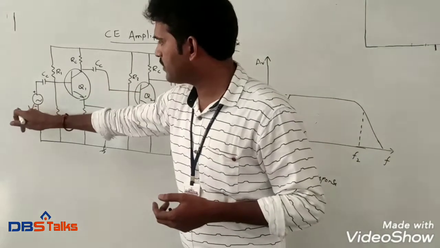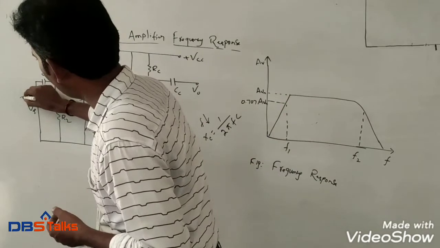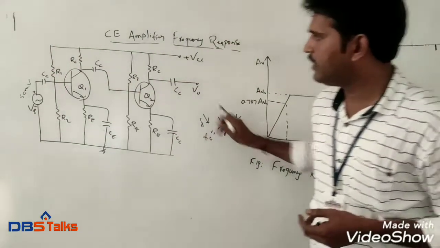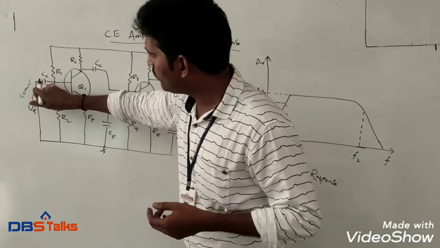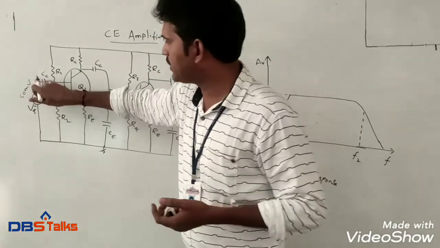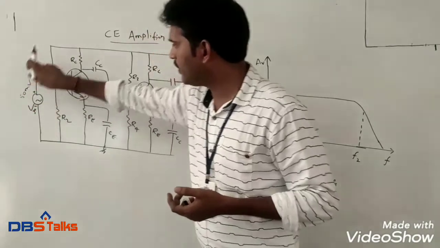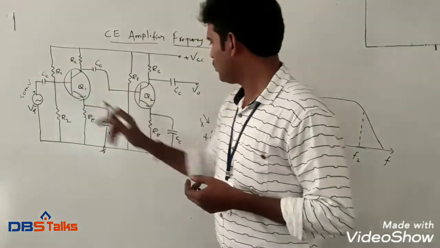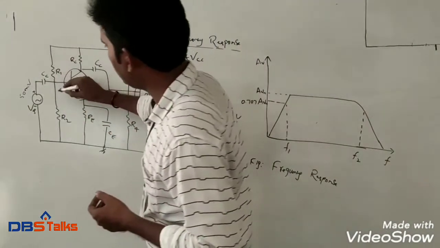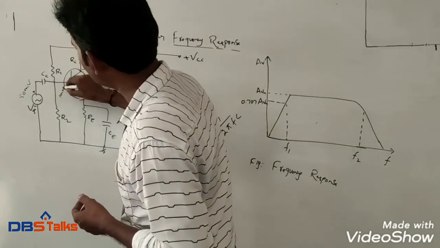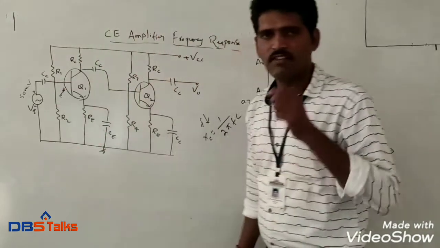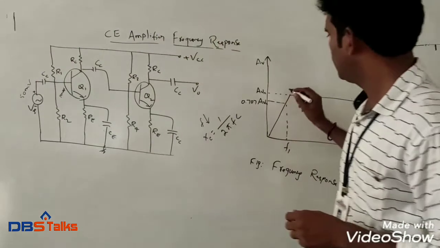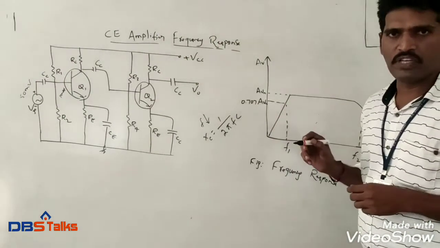For example, if you apply a 50 millivolt signal, at low frequencies the reactance of this capacitor is high, so the complete 50 millivolt signal is not applied to the Q1 base. Due to high reactance, only some 10 or 20 millivolt signal is applied to the base of Q1. So due to this capacitor, the gain decreases at low frequencies.